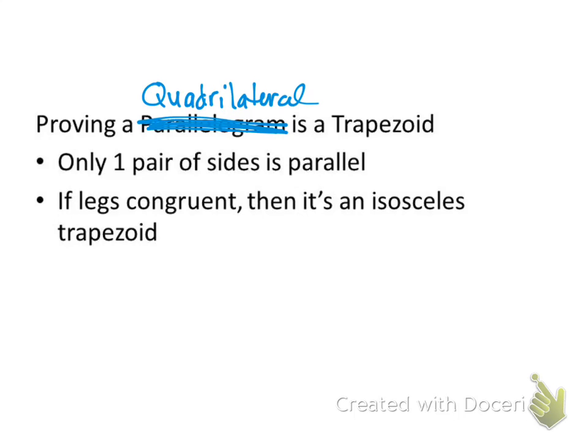So if you know you have a quadrilateral and you're trying to show that it's a trapezoid, the main thing you want to look for is that one pair of the sides are parallel.